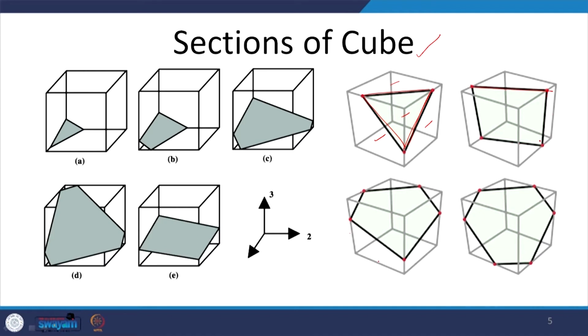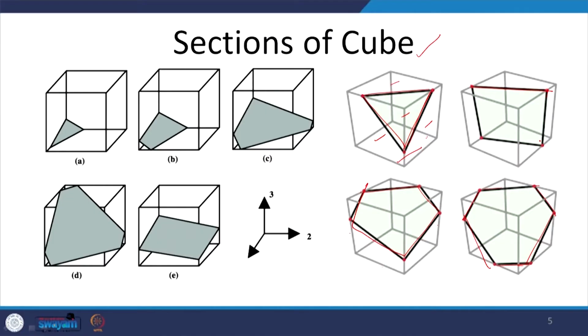In case 5 surfaces are being cut, we will get a pentagon, and like that. Here there are 6 surfaces which are cut, so we are getting a hexagon, but a distorted hexagon. That is how the section of a cube is going to be seen.